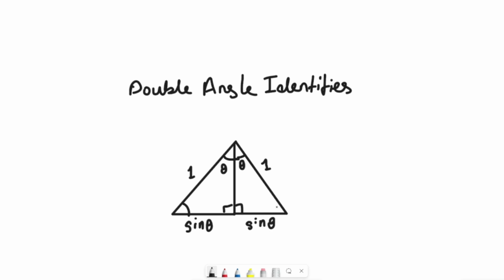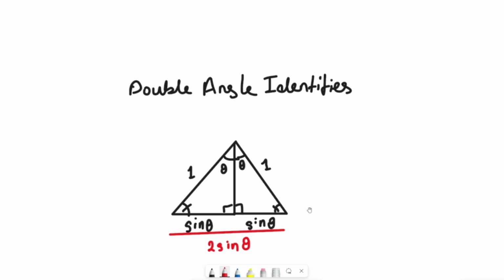What I'm noticing is that this is making a large triangle, and we can see that this whole length is 2 sine theta.